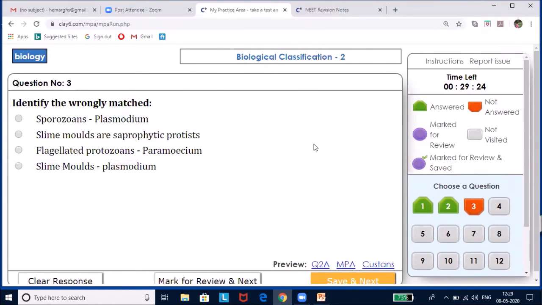Identify the wrongly matched: sporozoans, plasmodium; slime molds, saprophytic protist; flagellated protozoans, paramecium; slime molds, plasmodium. It is flagellated protozoans, because paramecium is a ciliated protozoan.